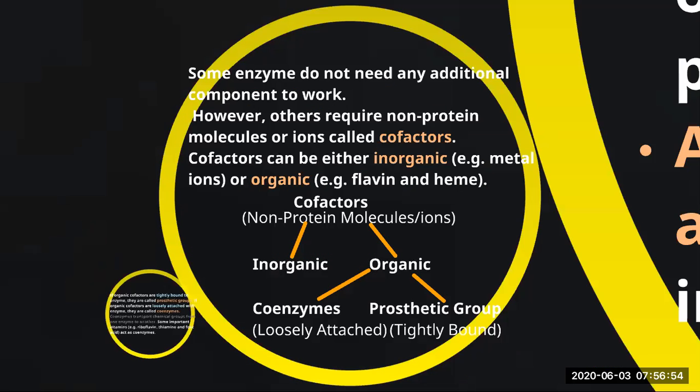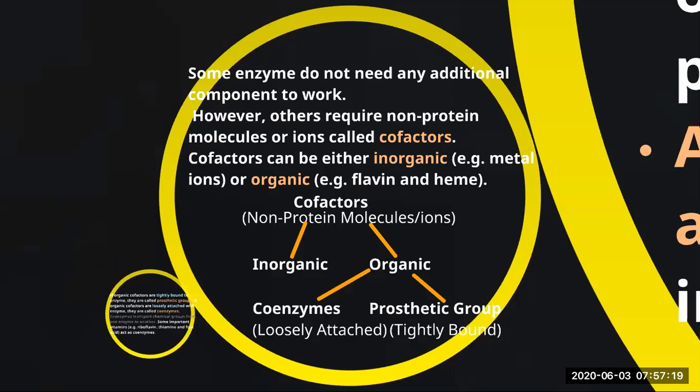Some enzymes do not need any additional component to work. They work on their own, but there are certain enzymes which require additional components, non-protein molecules or ions, which are called cofactors. Cofactors have different natures. They can be inorganic or organic.